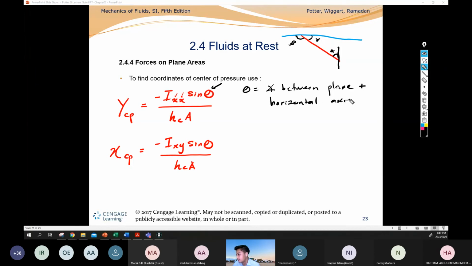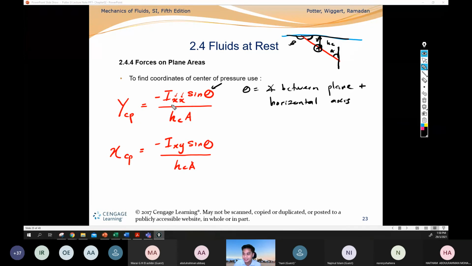So this is the plane and this is horizontal, and normally we take this gamma as the angle. H_c is the centroid height. For example, this is the centroid, so h_c is this length.